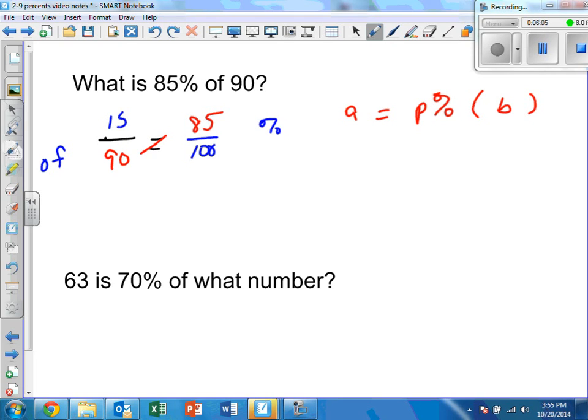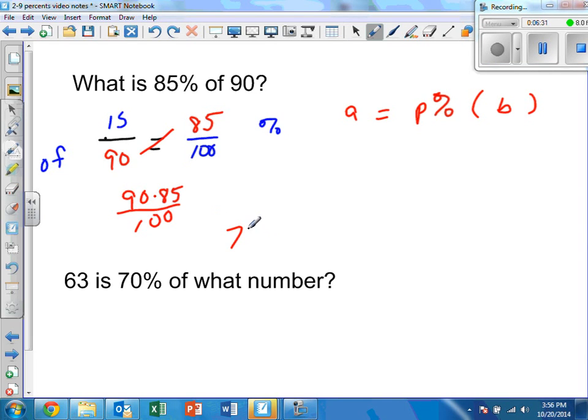So I cross multiply 90 times 85. And is my variable, so I'm going to divide by 100. 90 times 85 divided by 100 in the calculator is 76.5.